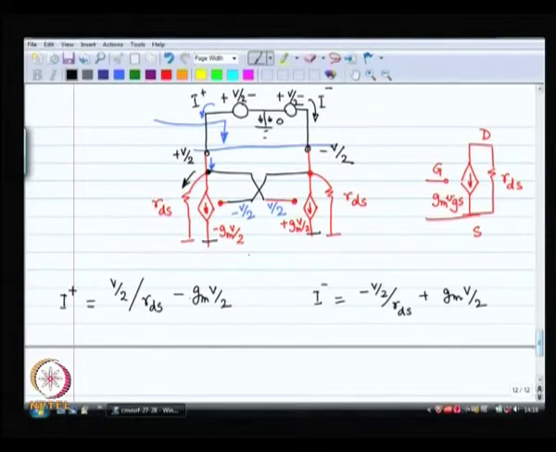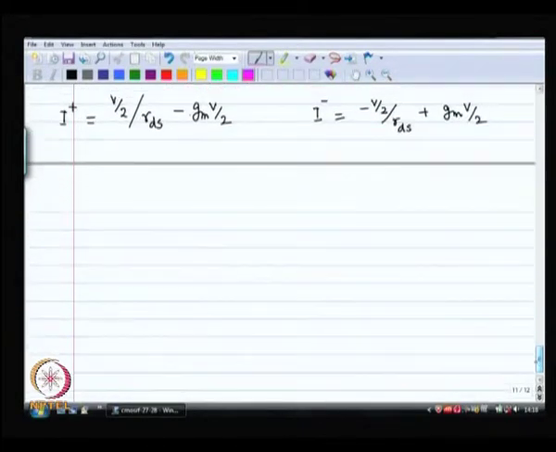The total voltage that I applied across these two nodes is V. I have applied V voltage and I plus goes in and comes out. So, what is the resistance? I apply V voltage, I plus goes in and comes out, means that the resistance is V divided by I plus.